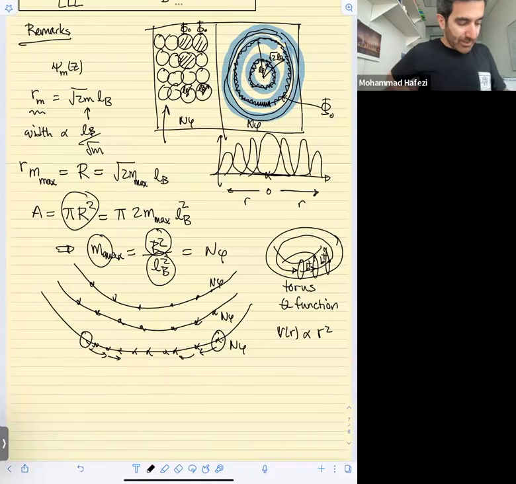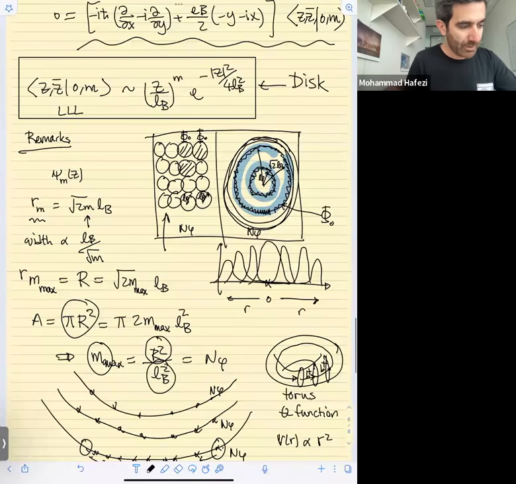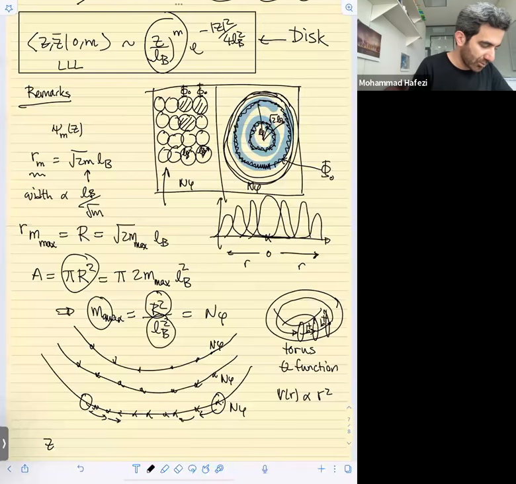But what is important is that imagine the system has azimuthal symmetry, cylindrical symmetry. Then what is the form of this wave function? It goes around the system. I have it over here: it is proportional to z to the m. What is z to the m? It's r to the m e to the i m theta.